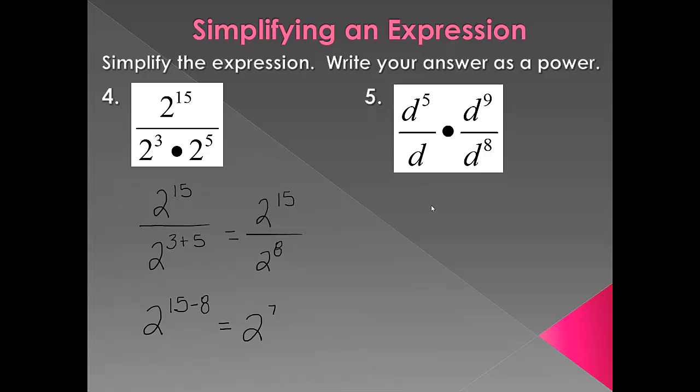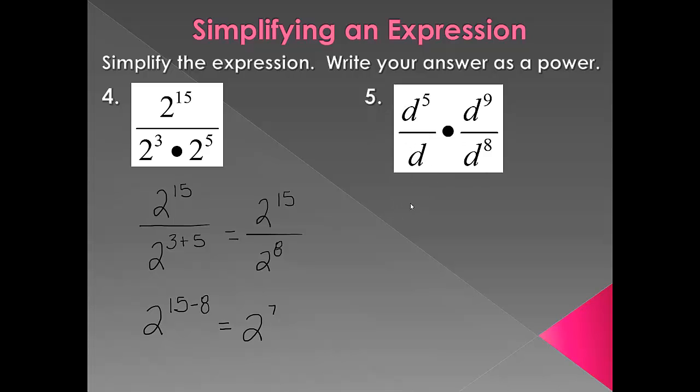Now for number 5, I have d to the 5th power divided by d, and that is then times d to the 9th power divided by d to the 8th power. So first I can go ahead and use my product of powers property to simplify the numerator and simplify the denominator.